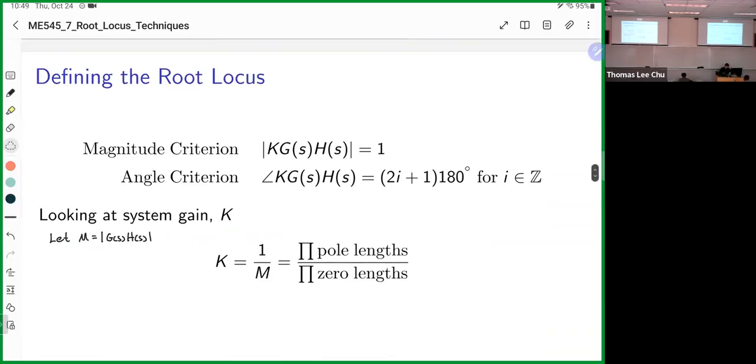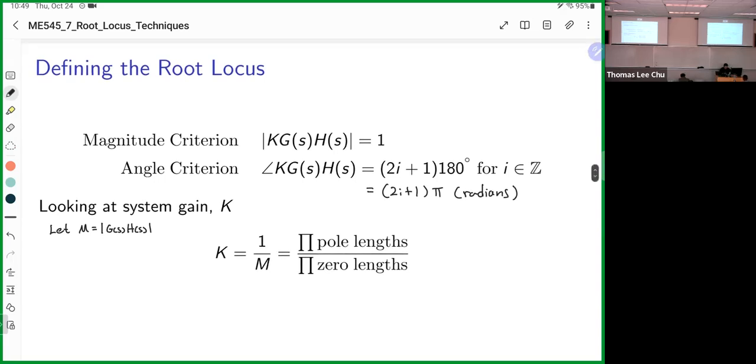And the angle criterion is still the same. If we're doing it in radians, it's going to be (2i plus 1) times pi. So these are our main criteria for checking if a point exists on the root locus, meaning that the closed loop pole is feasible.